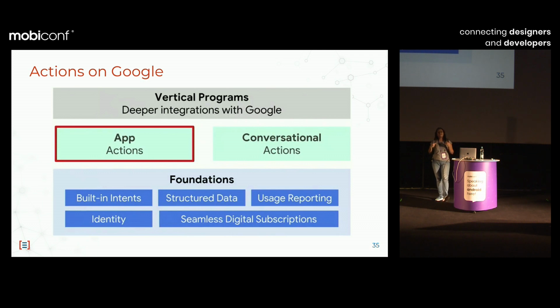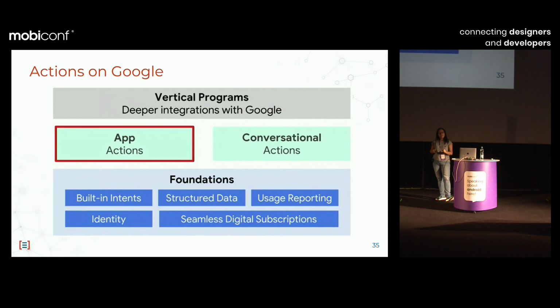And so they said, maybe we can integrate better with the Android framework. And they have introduced this new feature called App Actions. What's really interesting is that they are both based on the same foundations, as I said before: the built-in intents, but also the structured data that we saw on the websites.